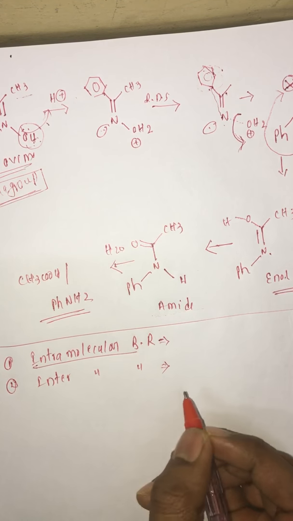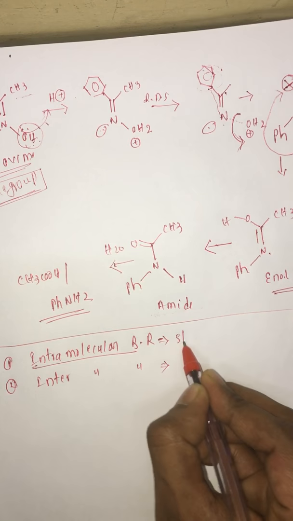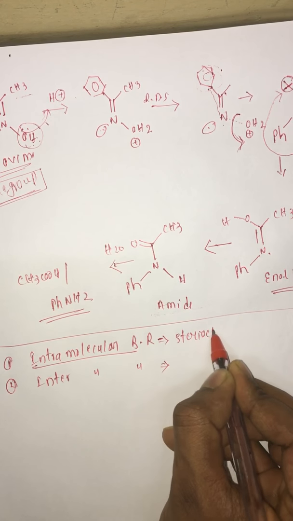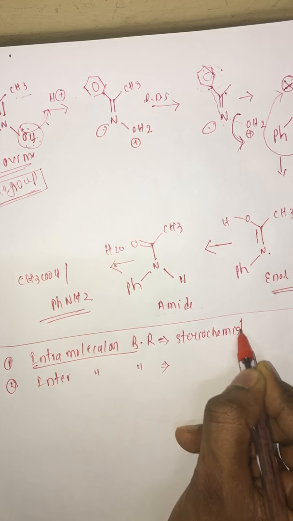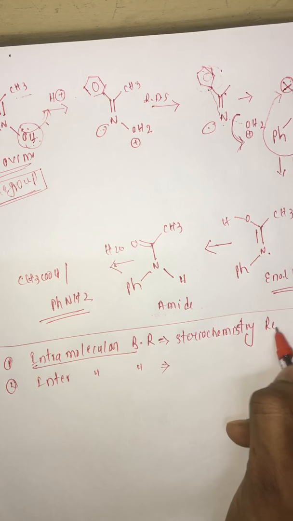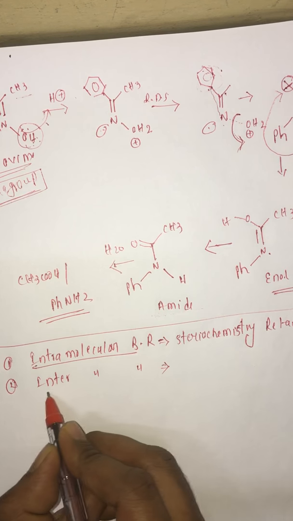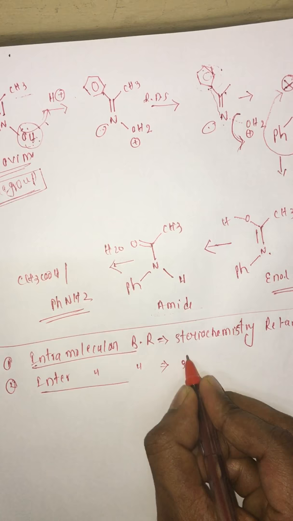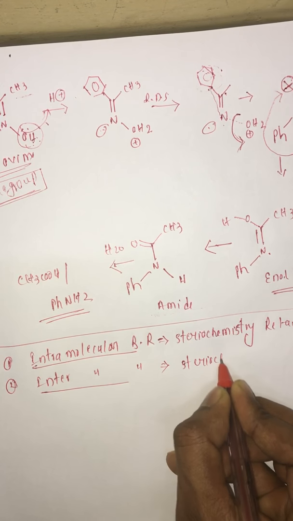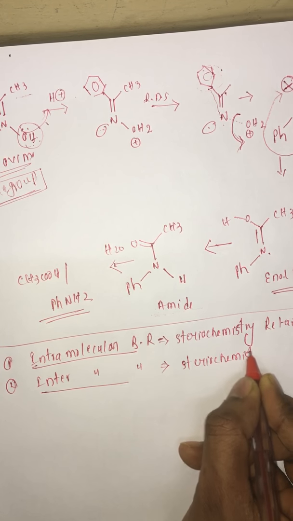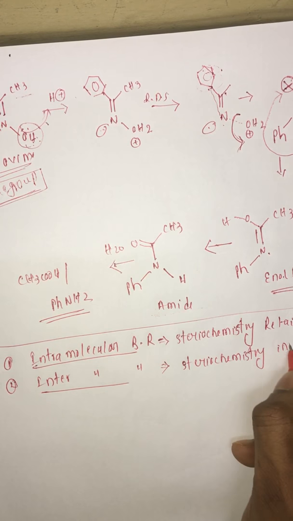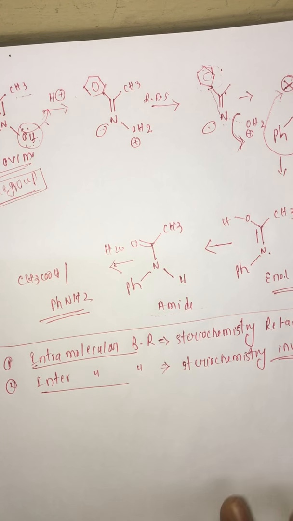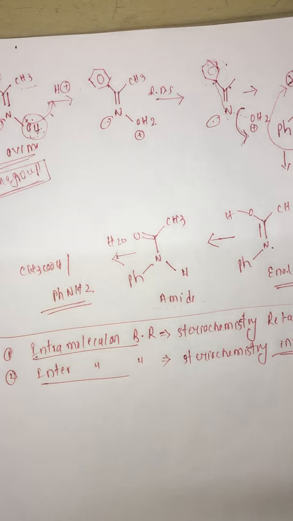In the case of intramolecular Beckmann rearrangement, the stereochemistry will be retained. No change in the stereochemistry, whereas in the case of intermolecular rearrangement, the stereochemistry is inverted. So now we will see with examples.